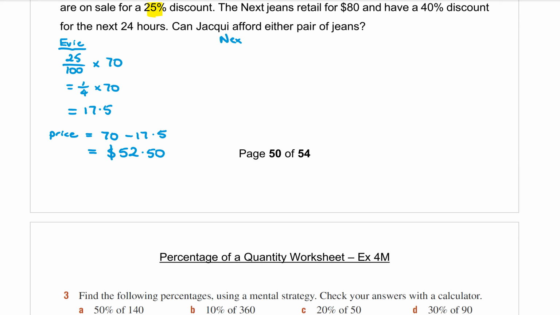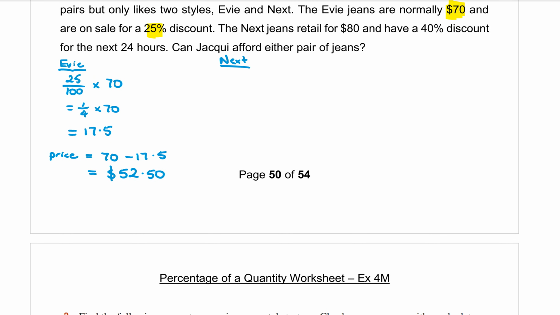That was called Next, the Next jeans. These jeans retail for $80, but they're on a 40% discount. So let's work out the discount. She gets 40%, which means 40 over 100, times by the 80. Now let's do the trick where we put an over 1 here and do some cancelling out.